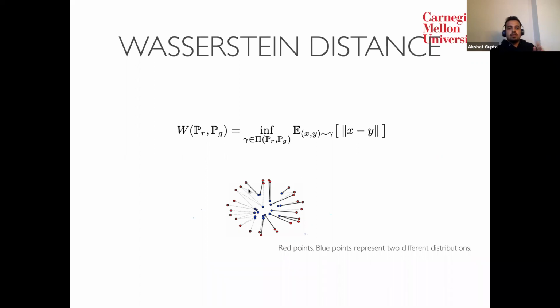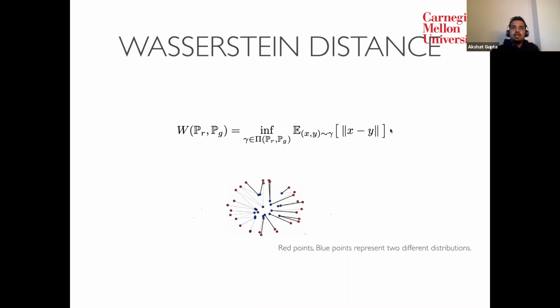It could be L1 norm, it could be L2 norm. What we use in WGANs is L1 norm. So the distance between X and Y is measured using L1 norm, and if you read the WGAN paper, you'll see Wasserstein 1 distance, which means that L1 norm has been used to calculate the distance.